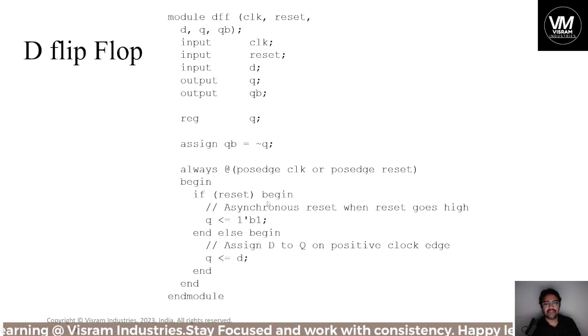If reset, begin, Q can be 1 bit 1, else if not reset, Q will follow the value of D. Initially the value of Q can be 1, or else the data can be transferred to the Q output. So that is the basic representation of D flip-flop.